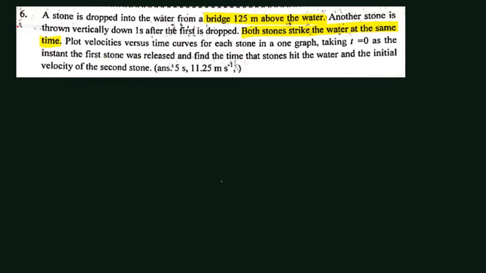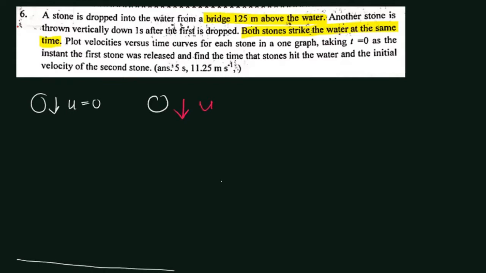So let's initially consider a small diagram. This was the first stone. It was released, so its initial velocity is going to be 0. Let's assume this is the water surface. The second object was thrown vertically down, which means it's thrown with an initial velocity. We do not know what that velocity is.